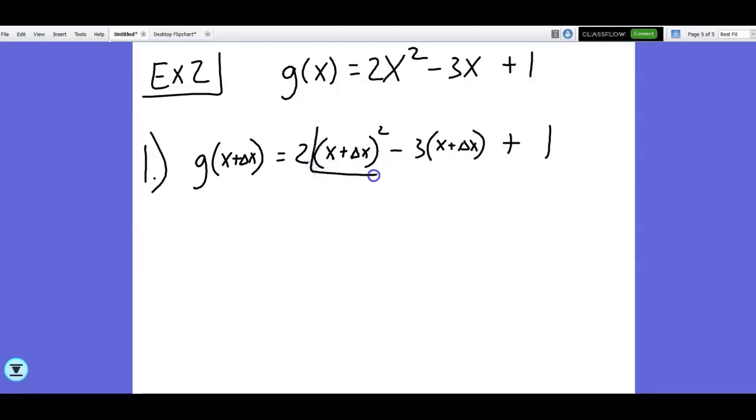Now we did this on the last slide. So anytime you see one of those things being squared, you're going to want to have that. So here we go. We have 2, and then the x plus delta x squared we saw on the last slide just becomes x squared plus 2x times delta x plus delta x squared.